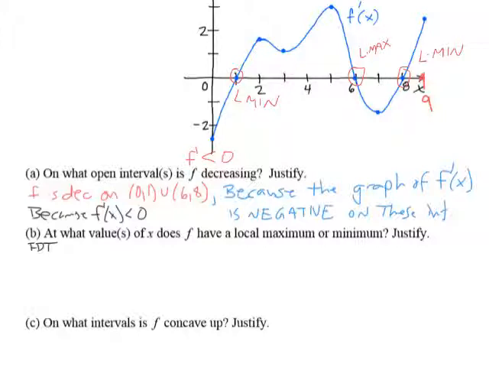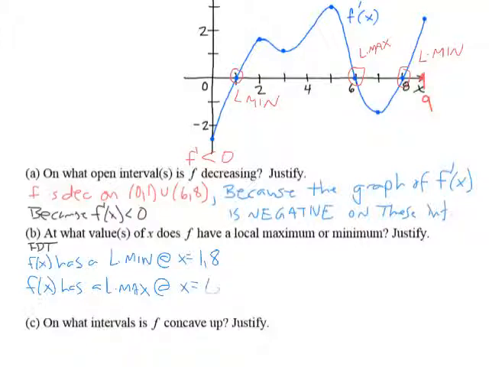So here we go. Let's write that out. f of x has a local min at x equals 1 and 8. And f of x has a local max at x equals 6.